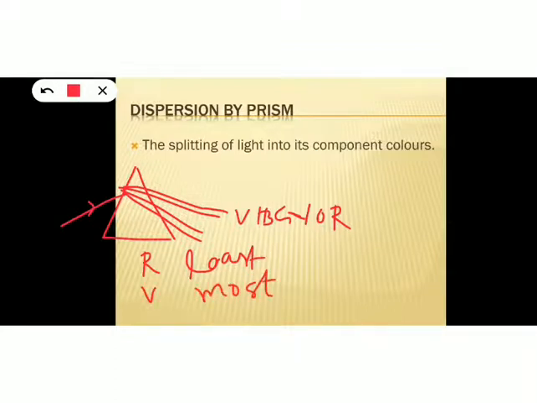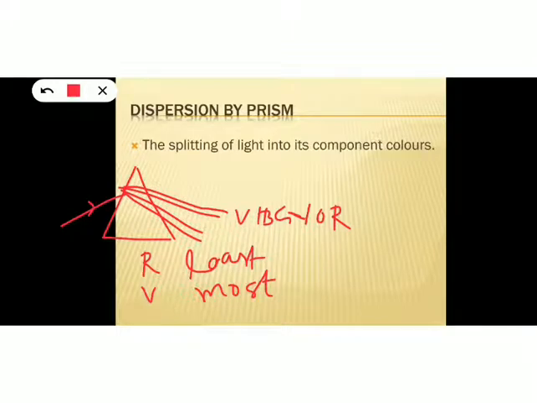So maximum deviation is suffered by violet color and minimum deviation is suffered by red color. Why is it so? What could be the cause for this different angle of deviation for different colors?